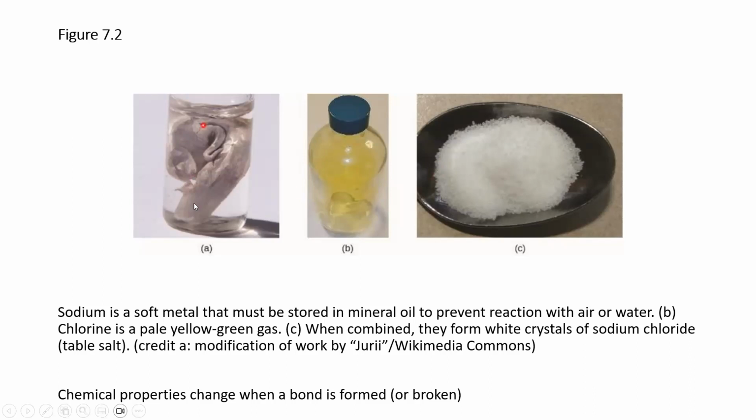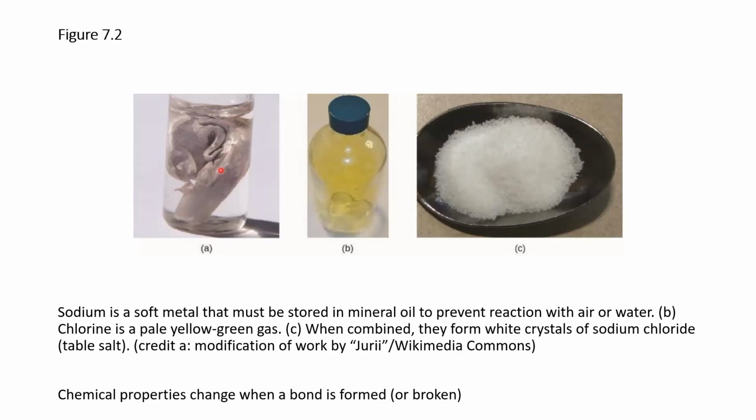So when we look at pure sodium, we've got pure potassium in the lab, so we can do a similar demonstration, just potassium's even more reactive. But with pure sodium, it's soft enough that it can actually be easily cut with a butter knife. But it's so reactive, if you think about that one valence electron, it really wants to get rid of it. So it's so reactive that it actually has to be stored in mineral oil.